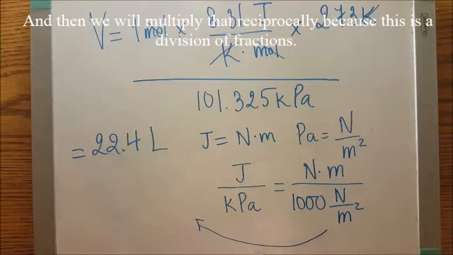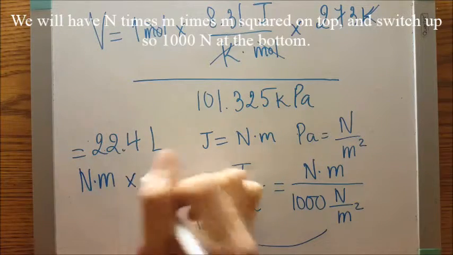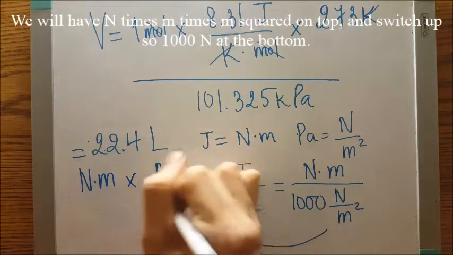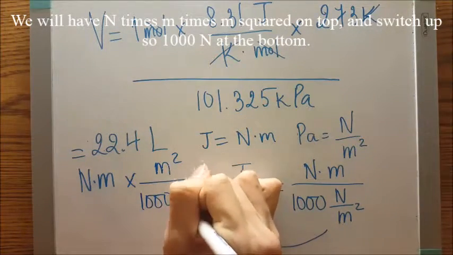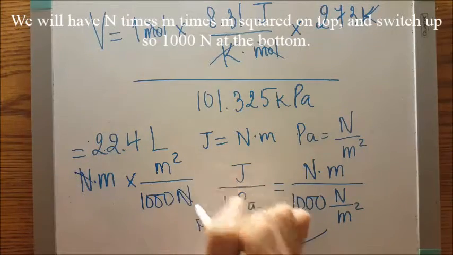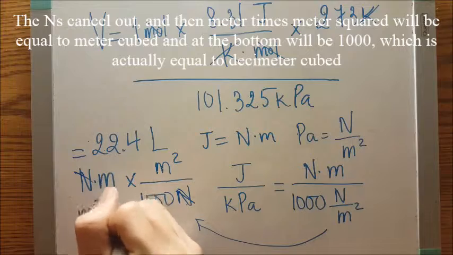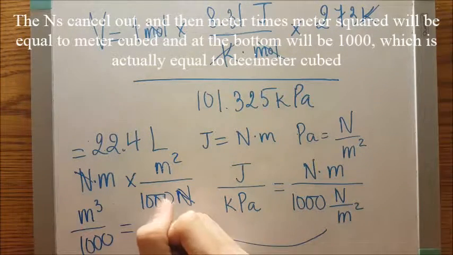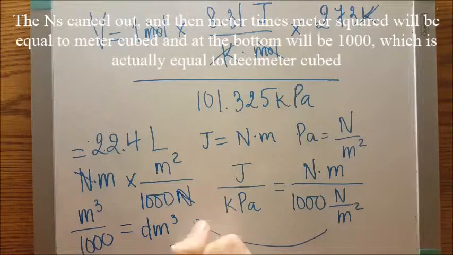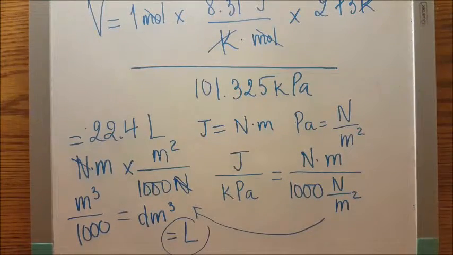And then we will multiply that reciprocally because this is a division of a fraction. We will have N times M times M squared on top and switch up, so 1000 N at the bottom. The N cancels out, and then meter times meter squared will be meters cubed, and at the bottom will be 1000, which is equal to decimeters cubed, which is equal to liters.